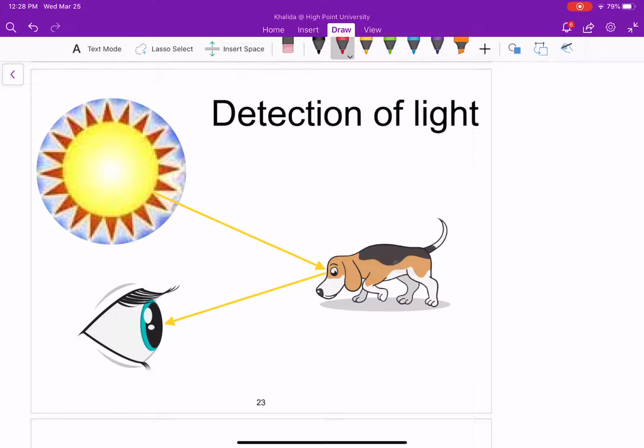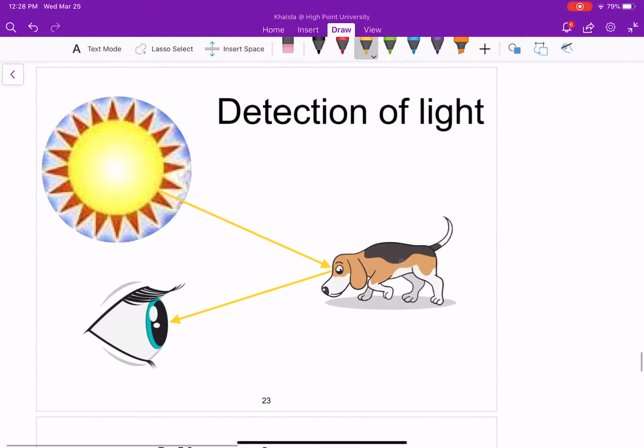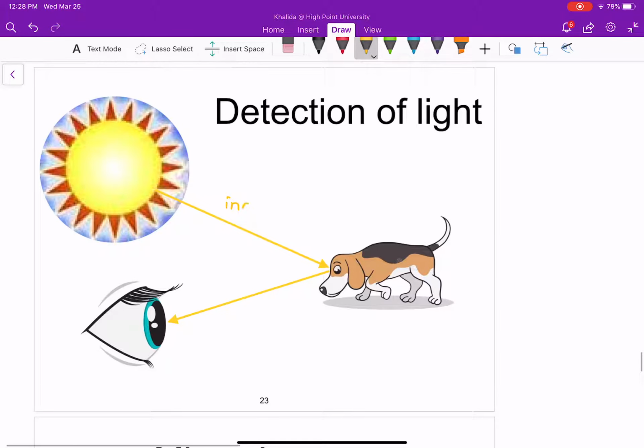So this is the simple picture of just that one ray. It hits the dog, it comes back to our eye, and that is the one picture that we're going to study. We're going to study the angle at which the light comes in, which is called the incident ray. And then we're going to look at the reflected ray.